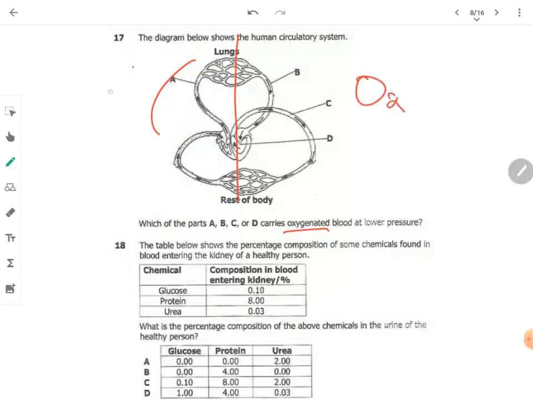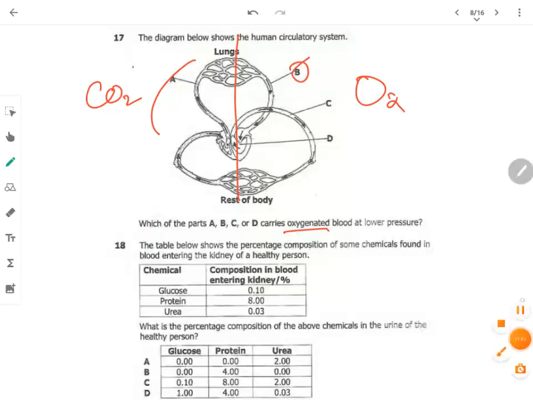This part carries blood rich in what? Carbon dioxide. Now, which one carries oxygenated blood at low pressure? Now, when you look at these are the lungs. From here, we have a blood vessel that is carrying blood from the lungs all the way to the heart. All right. So the answer is what? Is B there.